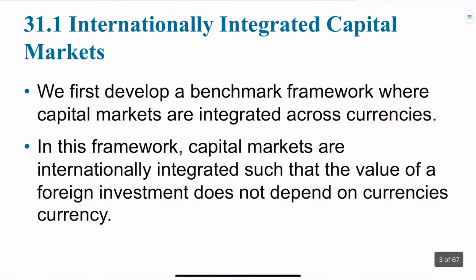Okay, so let's first start with the first section, internationally integrated capital markets. Here we just want to use integrated capital markets as a benchmark. In this benchmark framework, capital markets are related and integrated across borders, countries, and different currencies.